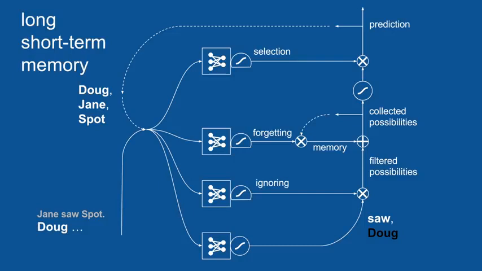So this example is so simple we don't need to focus on attention or ignoring, so we'll skip over it for now. And this prediction of saw, not Doug, is passed forward.